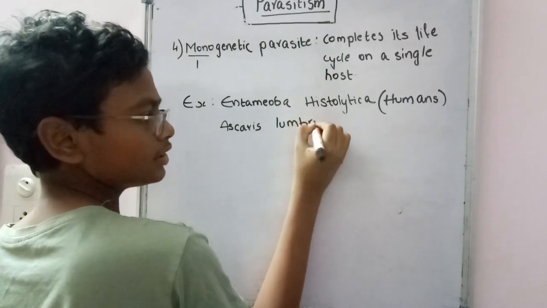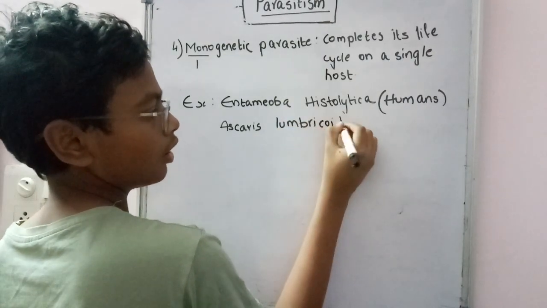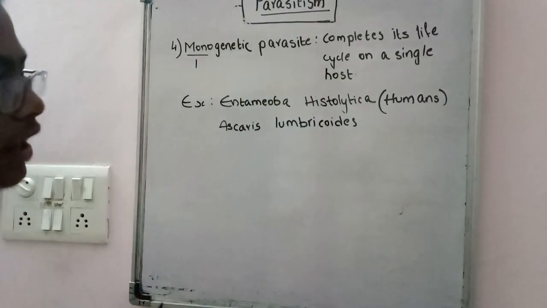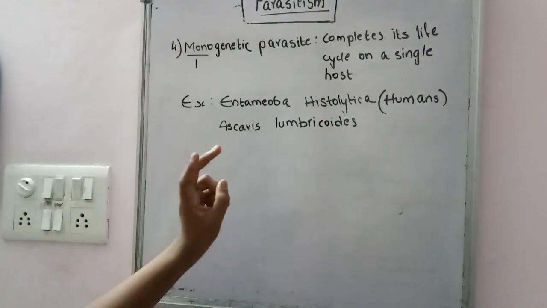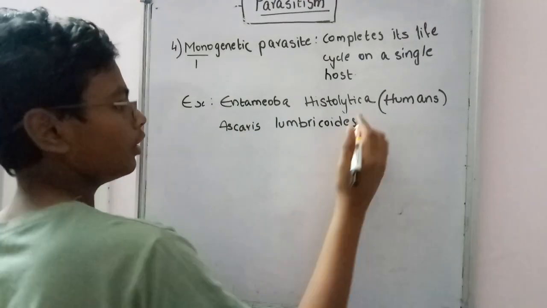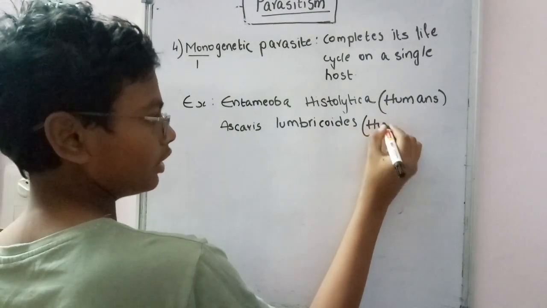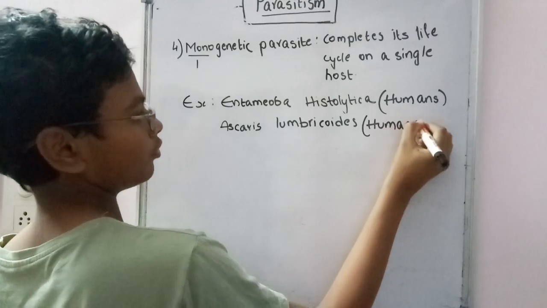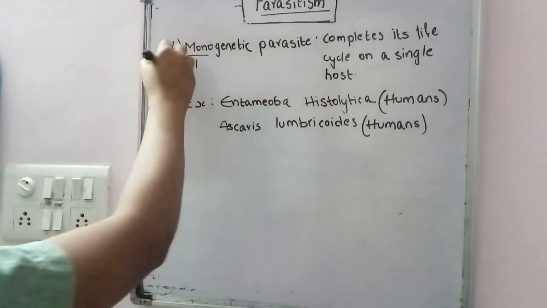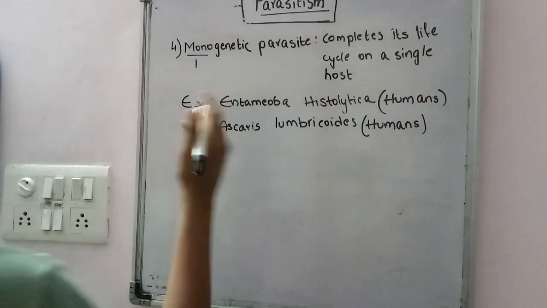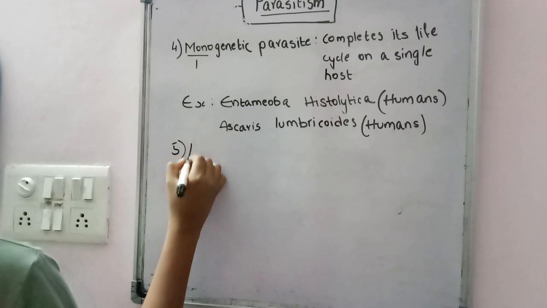This Ascaris lumbricoides is a three-kinded parasite. It's coenozoic, enterozoic, and monogenetic. This also lives in humans. With this we ended monogenetic parasite, and next one is going to be digenetic parasite.